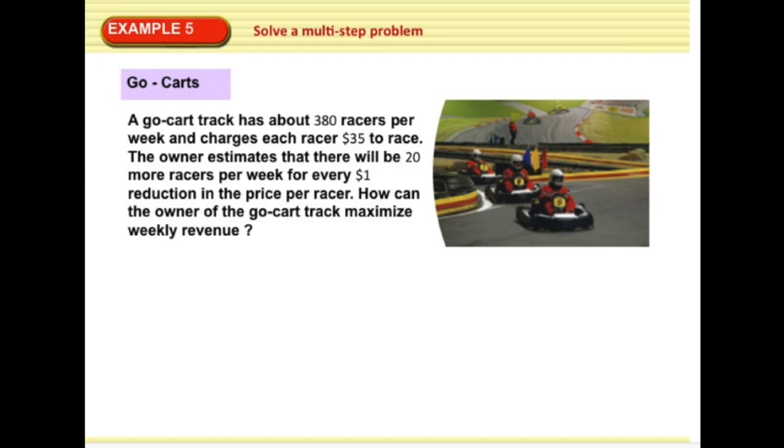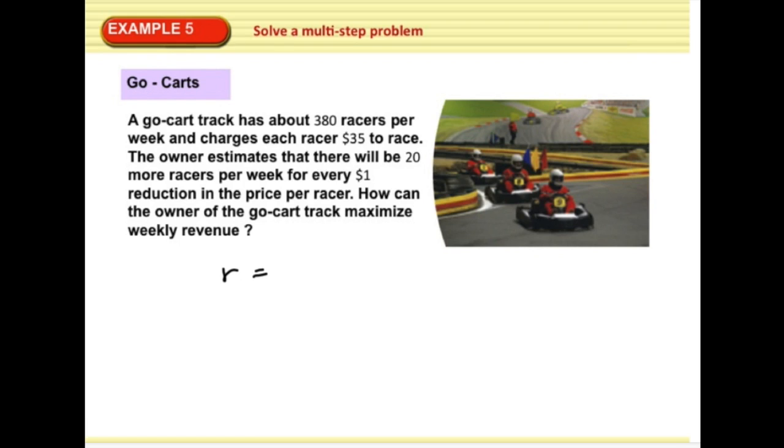Last example for today: a go-kart track has about 380 racers per week and charges each racer $35 to race. The owner estimates there will be 20 more racers per week for every $1 reduction in the price per racer. How can the owner of the go-kart track maximize weekly revenue? So we're talking about revenue here. It is a function.